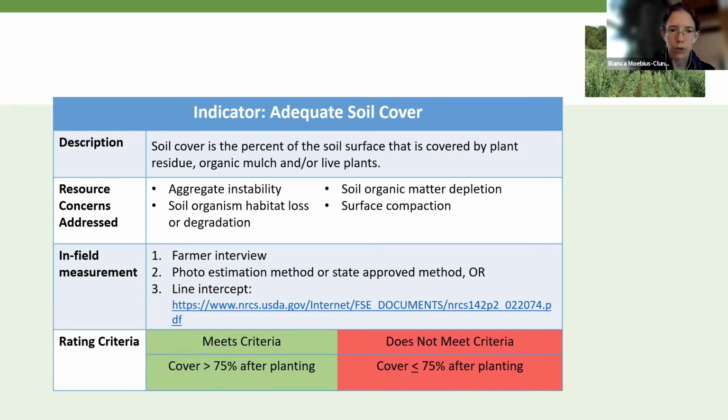So having soil cover be more than 75% after planting is pretty ideal. Now, you can't always get out there right after planting, and so that might mean you'll have a conversation with the producer to assess that. But being able to go out there and see, is there a lot of cover left after it got planted or not? And states might adjust these, right?